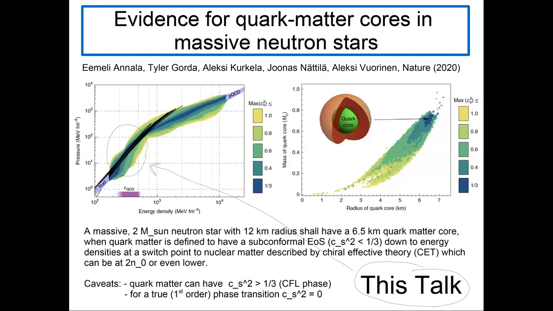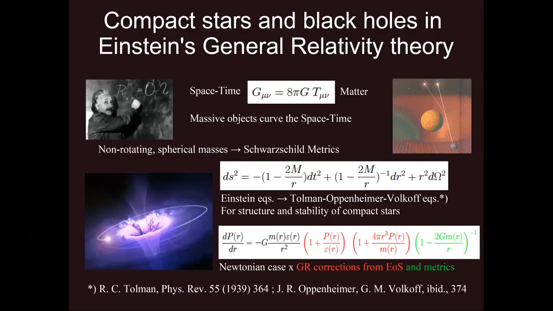We start with general relativity, and we had the international workshop on astronomy and relativistic astrophysics. So compact stars have always been one of the key playgrounds also for alternative theories of gravity, but here I will be solely based on standard general relativity and the Tolman-Oppenheimer equations, which are given here with colored pieces, which show the general relativistic corrections beyond the Newtonian case.